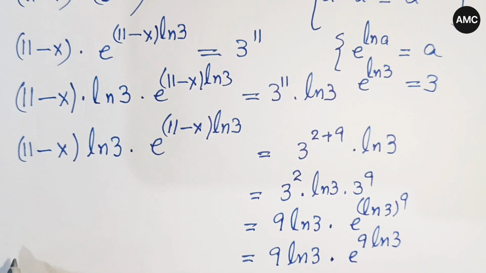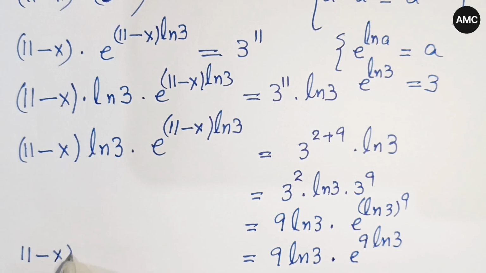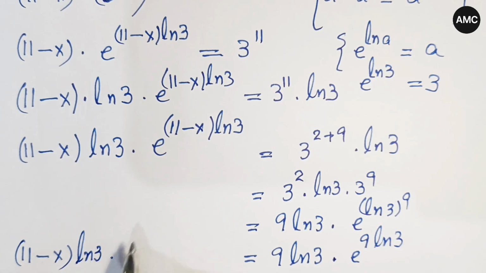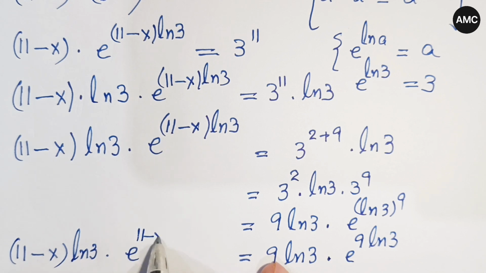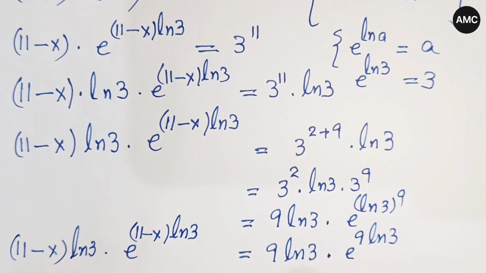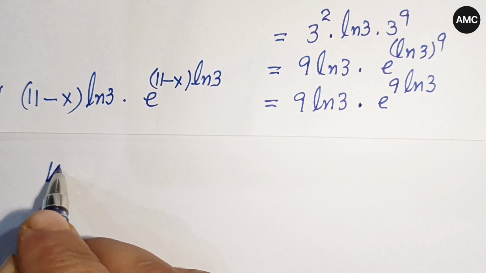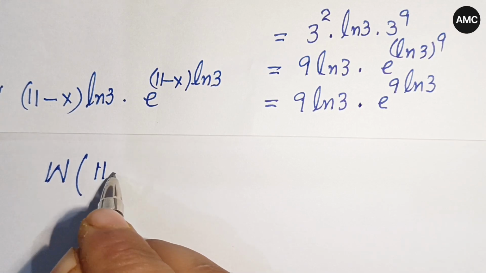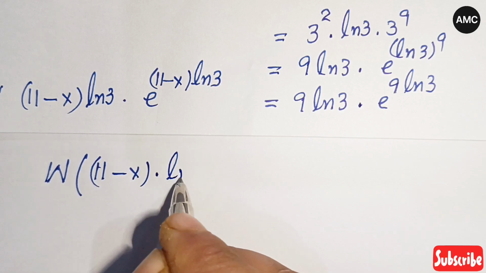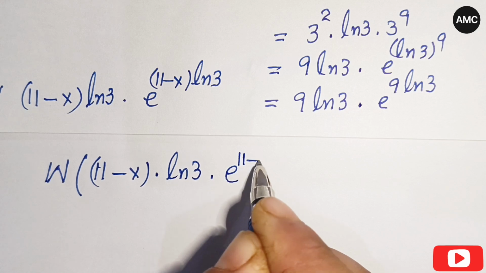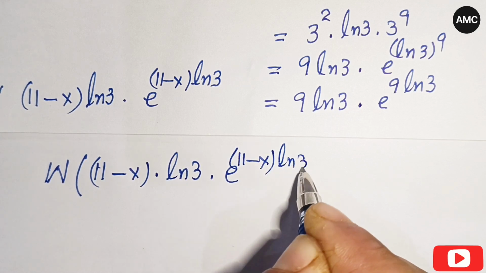Now our left hand side is 11 minus x times natural log of 3 times e to the power 11 minus x times natural log of 3.